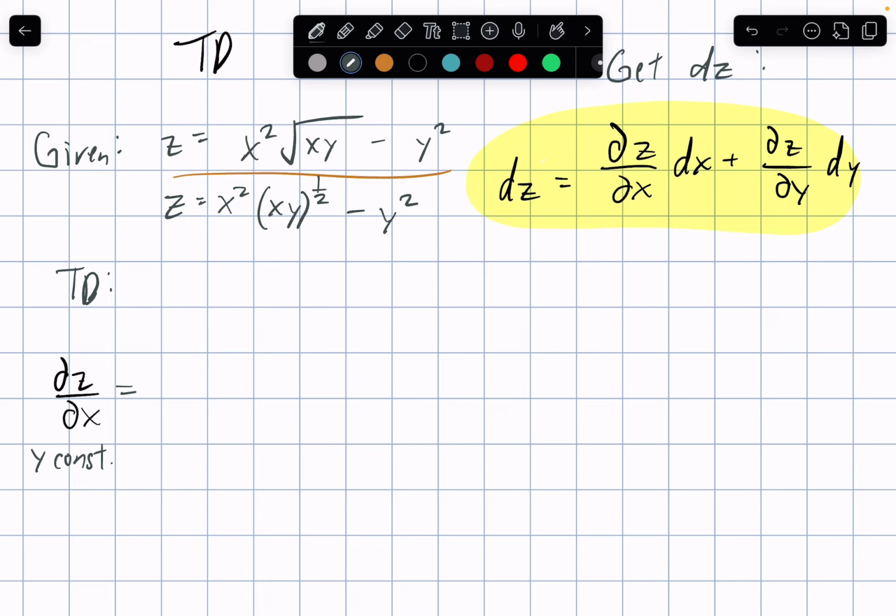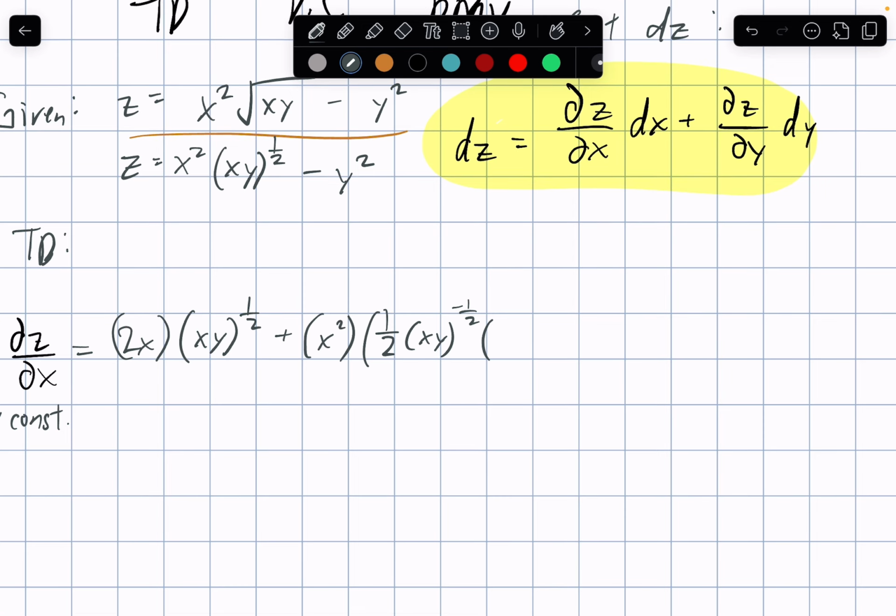Okay, we're gonna apply product rule. So 2x times xy raised to 1 half plus x squared times 1 half xy raised to negative 1 half, and then product rule x.